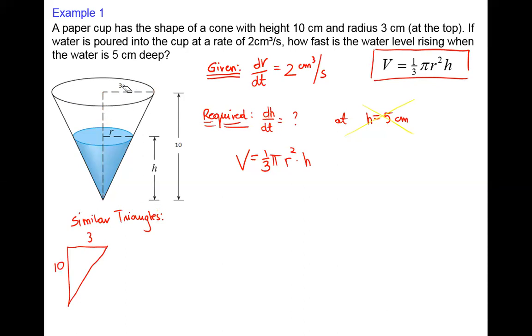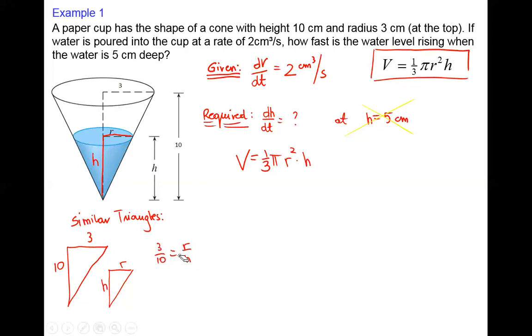And I also see the small cone, the water one, with radius r and height h. Please note, this is the moment that I'm not using 5 for h, because h is not 5, h is constantly changing. Okay. Let's get the relation. The ratio for the similar triangles, 3/10, is the same as r/h.